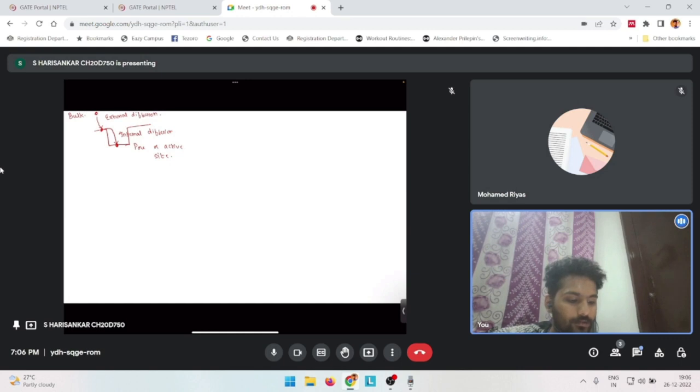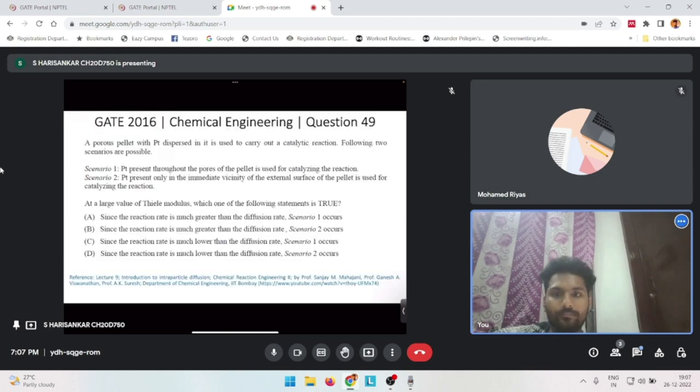And then your particle has to get adsorbed, then react and desorb after forming the products. So these are the various steps that are happening in a catalytic reaction. So here one data that they have given is that the value of the Thiele modulus is very large.